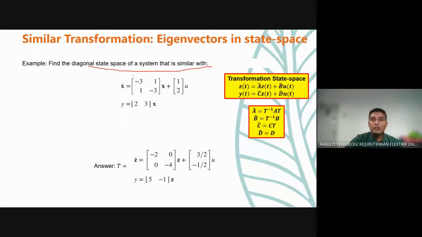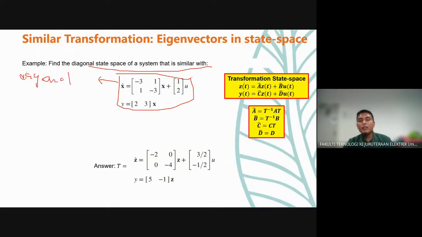In this case, you want to convert this state space to diagonal form, without converting the state space step by step, you want to convert straight away to this answer. That's why we use the transformation of the state space by using this.